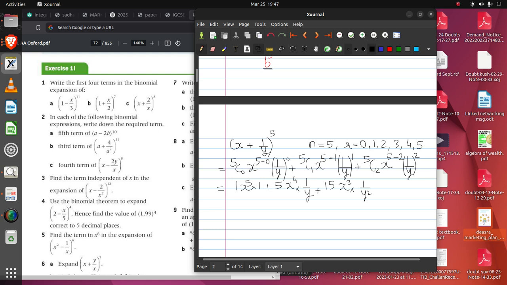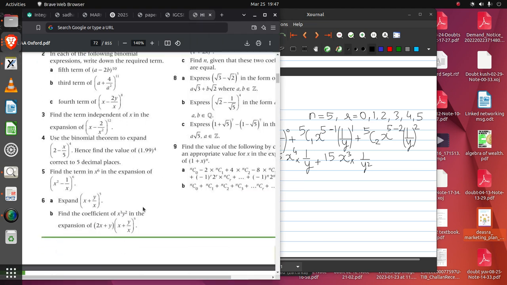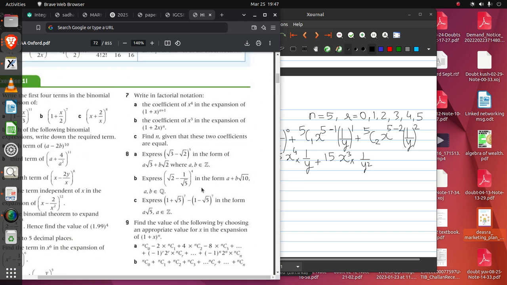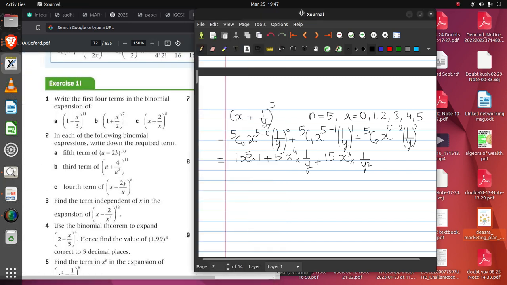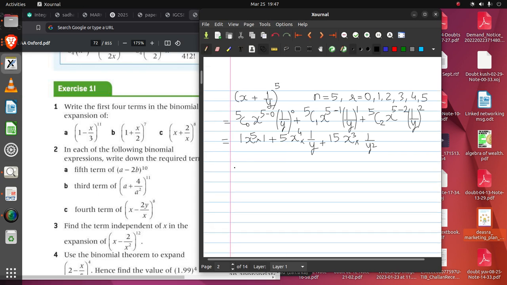So like that, you can write all the terms in the expansion, which mostly they are not going to ask you to write. The use of this expansion is finding the particular term in the expansion. For example, if I take a question from here, let's say there is a binomial 1 plus x upon 2 raised to 7.